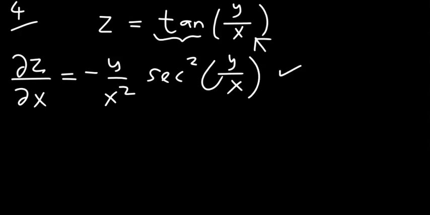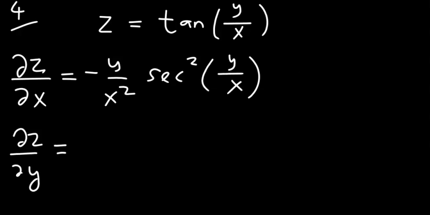And that's the result. Now let's do the partial derivative of z with respect to y. In this case, x will remain constant. So when you take the derivative of y over x with respect to y, you get 1 over x. So that's what goes in front.